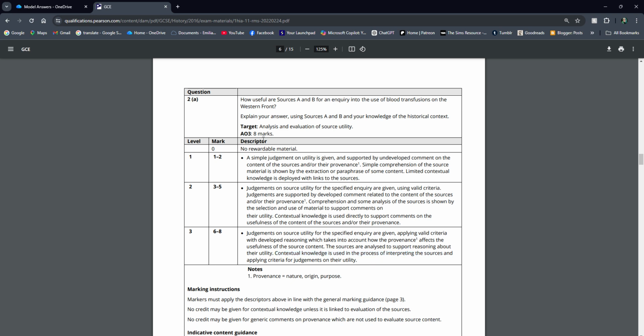This is looking at AO3, 8 marks, analysis and evaluation of source utility. No credit may be given for contextual knowledge unless it's linked to the evaluation of the sources, and no credit can be given for generic comments on provenance which are not used to evaluate source content. So it's important to look at that.